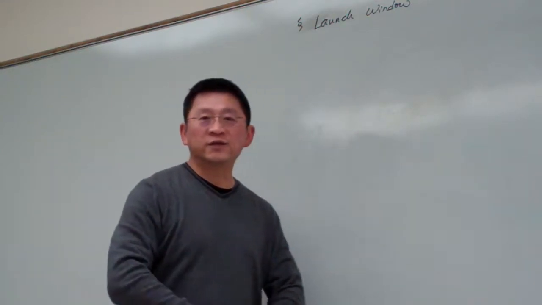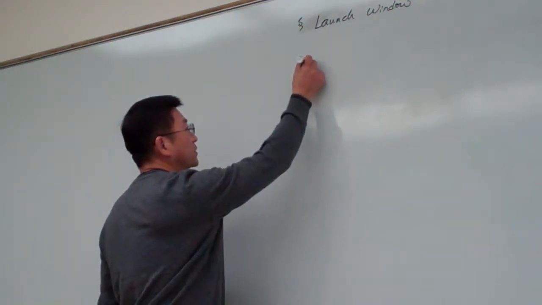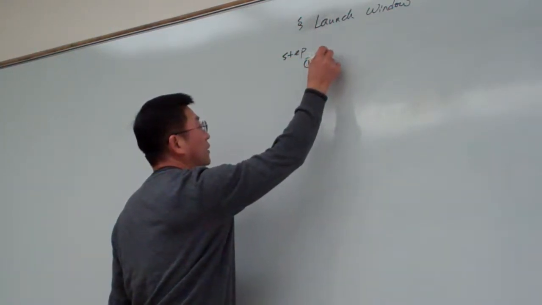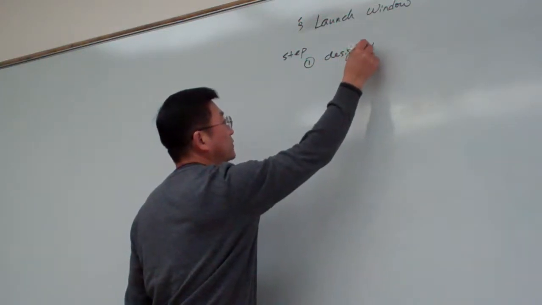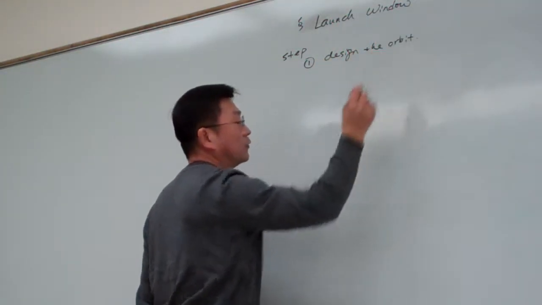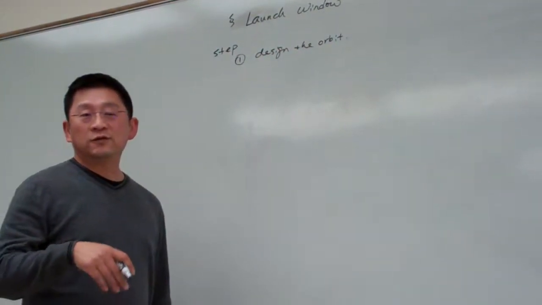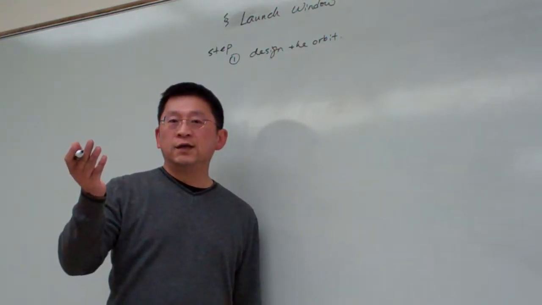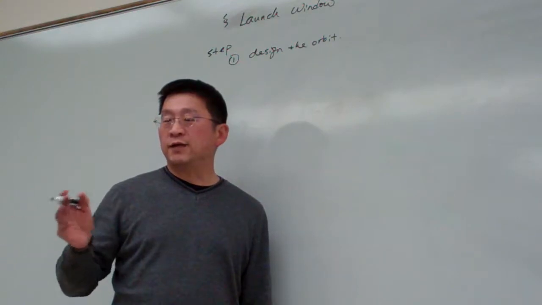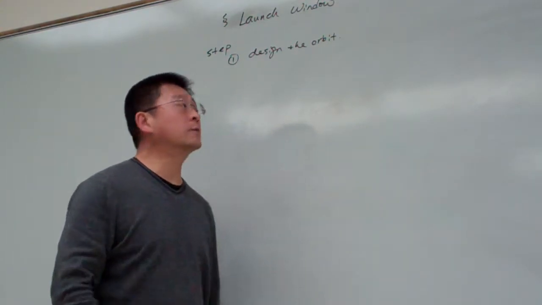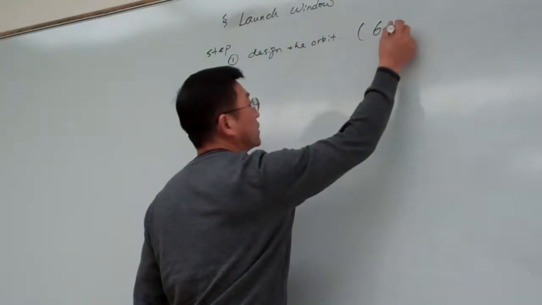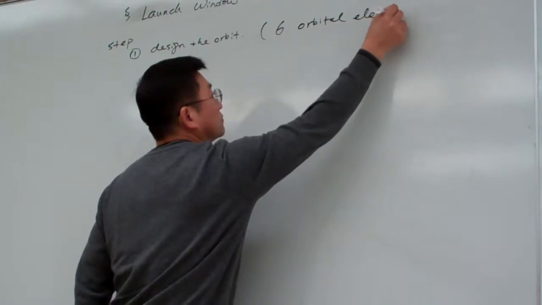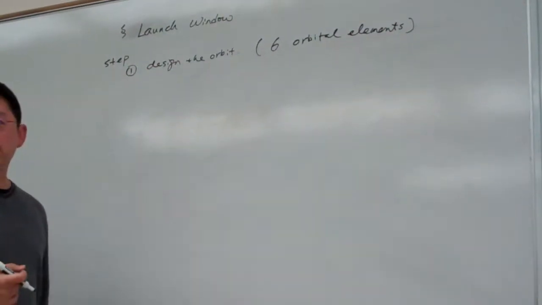Depending on your application, you need to define the orbit in certain ways, say inclination in certain degrees, where the ascending node is, and the size, etc. That means the six orbital elements are already chosen at this moment.